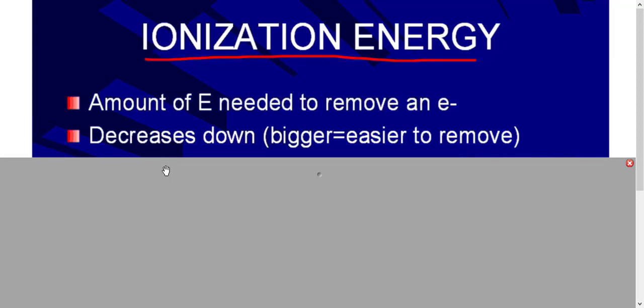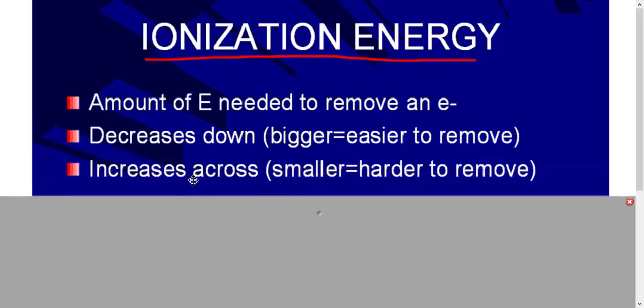And this has everything to do with size, okay? How attracted those electrons are to the nucleus of an atom is going to dictate how much energy is needed. So as you make bigger atoms, it's easier to remove electrons because they aren't held as tightly to the nucleus. They don't have as strong a Coulombic attraction. There's electron shielding.